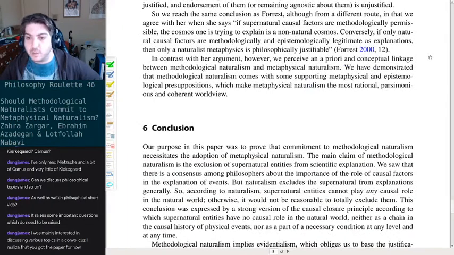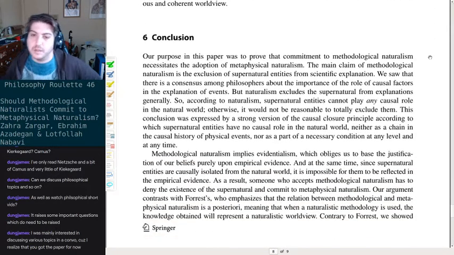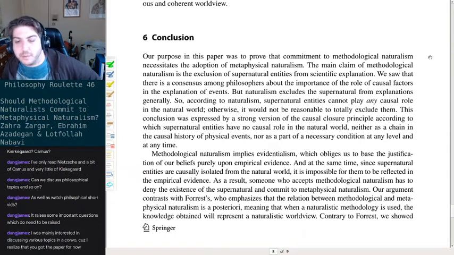In contrast with her argument, however, we perceive an a priori and conceptual linkage between methodological naturalism and metaphysical naturalism. We have demonstrated that methodological naturalism comes with some supporting metaphysical and epistemological presuppositions, which make metaphysical naturalism the most rational, parsimonious, and coherent worldview. Conclusion. Our purpose in this paper was to prove that commitment to methodological naturalism necessitates the adoption of metaphysical naturalism.